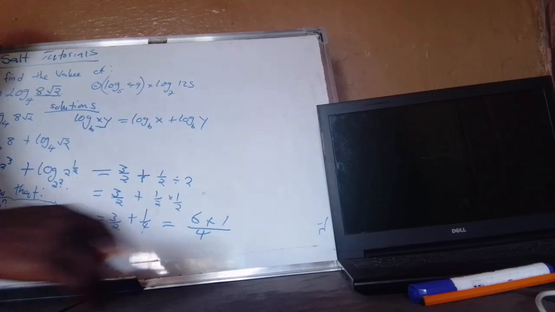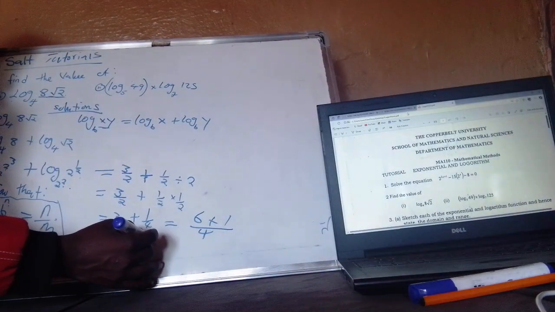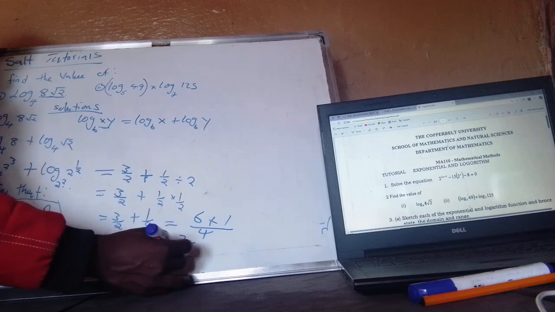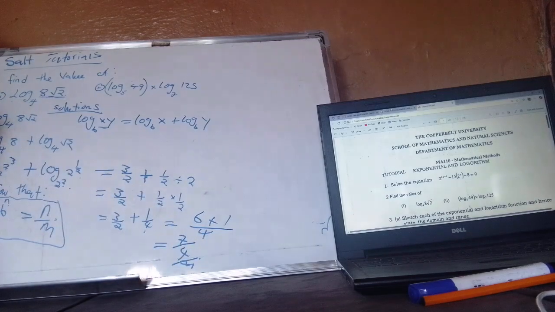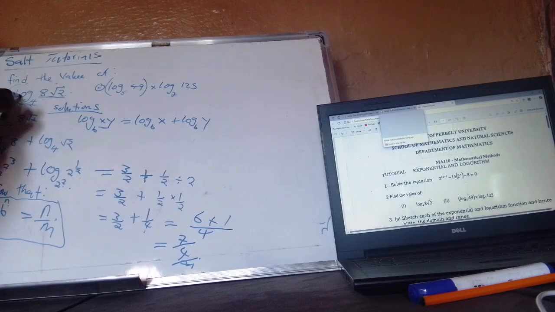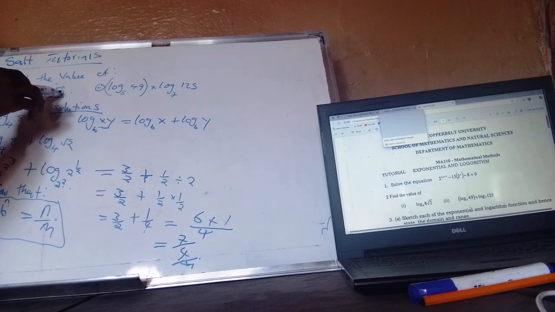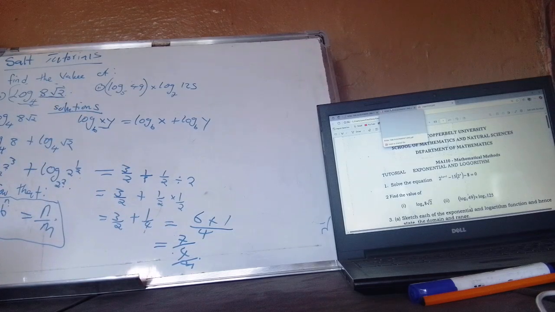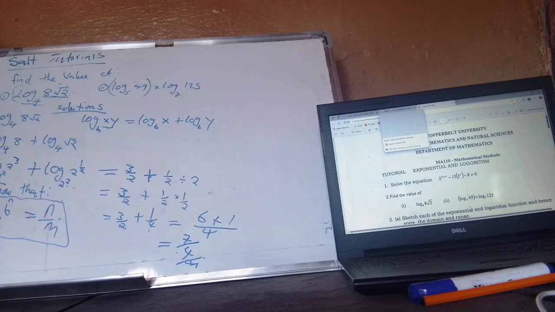So we have 6 plus 1, which is 7 over 4. It means that once this is evaluated, the value for log base 4 of 8 plus log base 4 of root 2 is 7 over 4 as our final value.